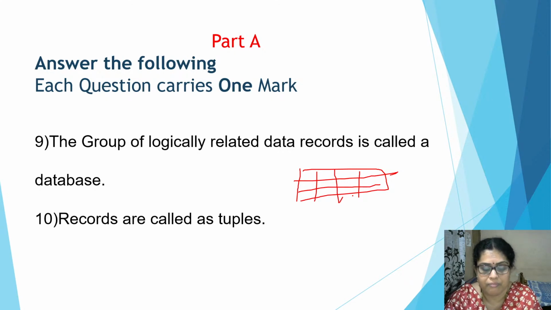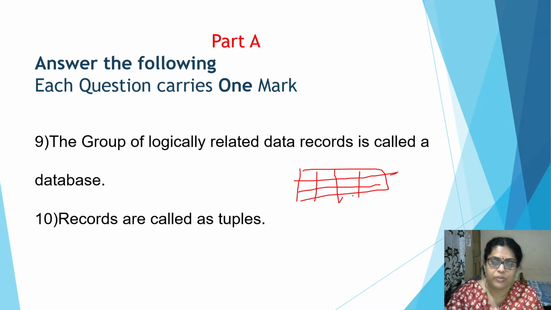Their name, their address, their phone number, their personal details are all put in one file. So they say, this is a first PU application file. All the students who have enrolled in the first PU and joined the college are put into one set of files. So they are logically related records. Here also, when we feed into the computer, each row in your table is known as a record, and they are related to one another. So that is called a database.